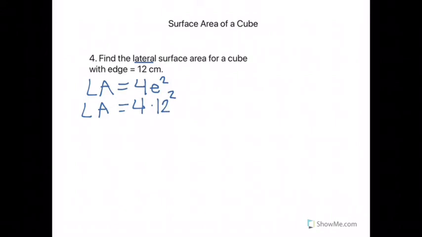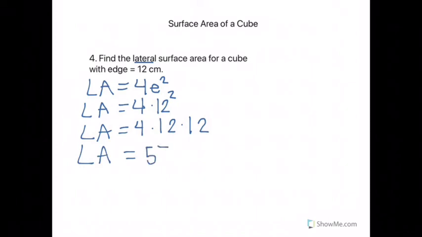So 4 times 12 squared, which is the same thing as 4 times 12 times 12. Which is 576, and that is centimeters squared.